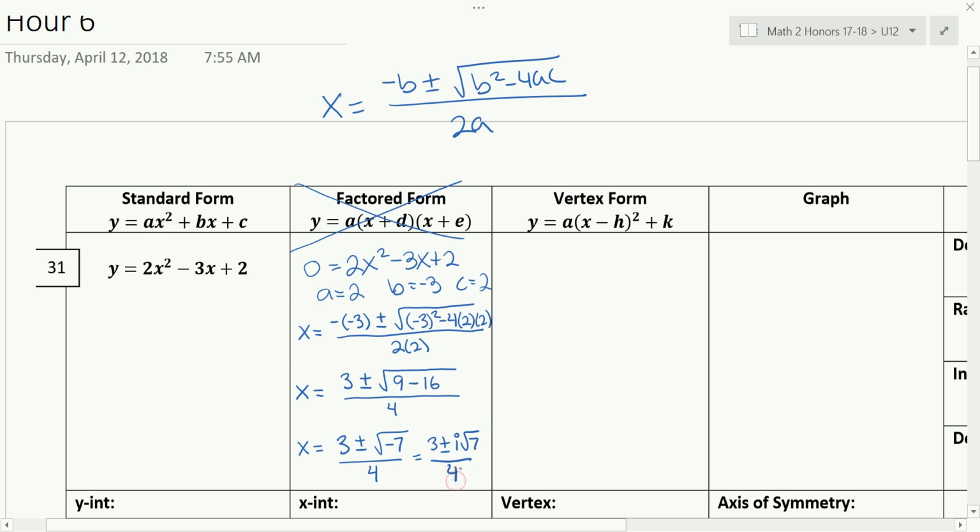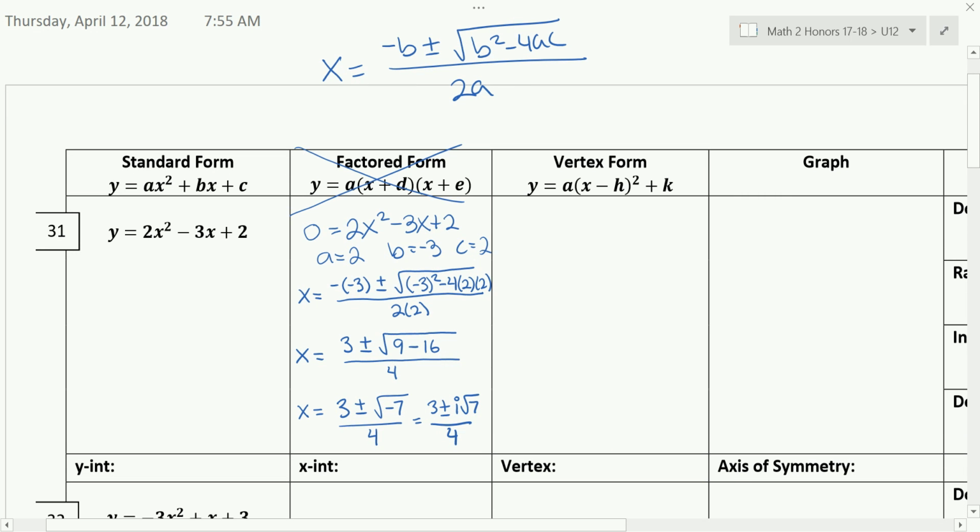So do we have any x-intercepts? No. Well, x-intercepts are only real numbers. So if you have an imaginary answer here, no x-intercepts. But we could ask, what would 3 plus i root 7 over 4 or 3 minus i root 7 over 4 be called?